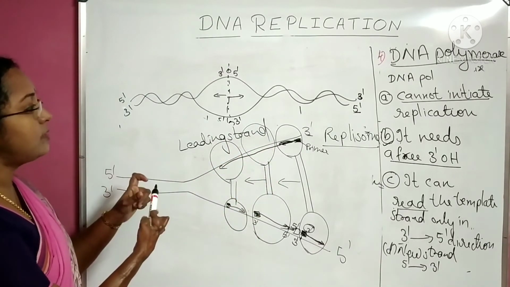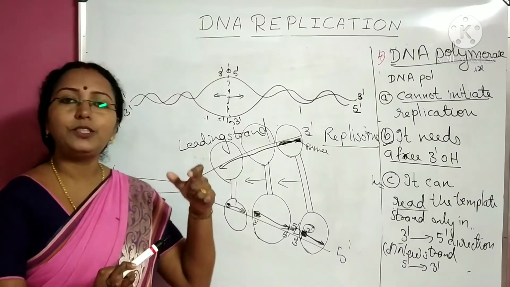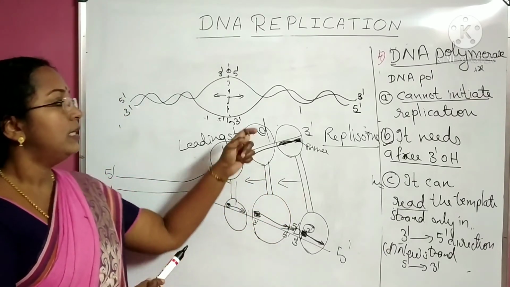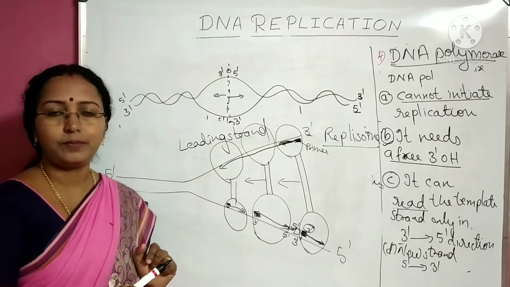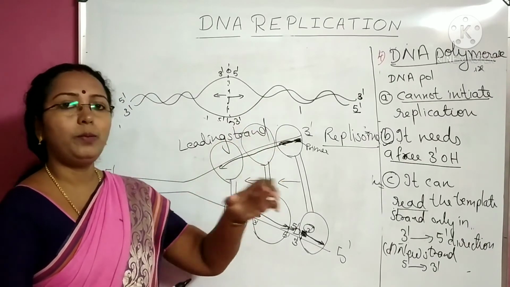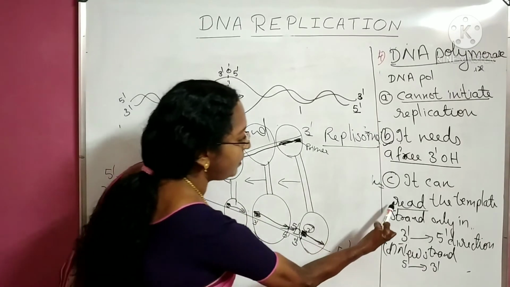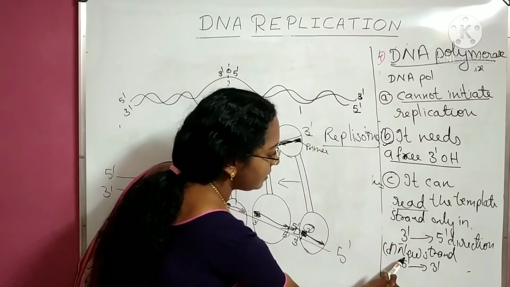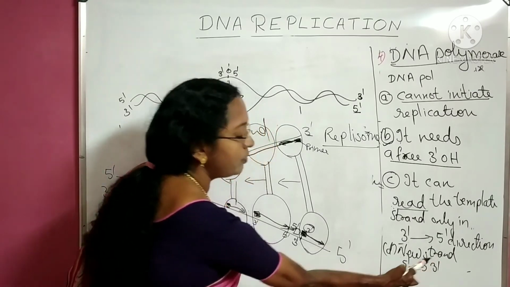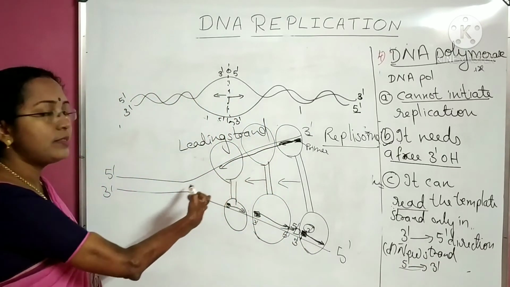Okay, so this leading strand will be complementary to the parental strand which is running from 3 to 5. Because our DNA polymerase can simply read from 3 to 5. And since it can read from 3 to 5, it is always synthesizing the new strand in the 5 to 3 direction. So continuously it is doing that.